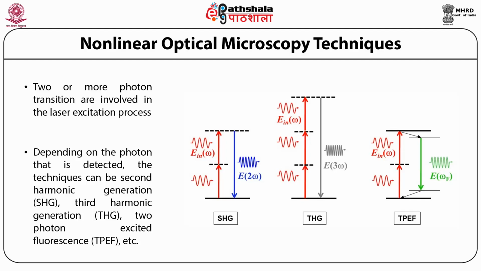Or the technique can be based on third harmonic generation, meaning three incident photons combine and give you a single photon of three times higher frequency. Or the nonlinear process involved can be two photon excited fluorescence.